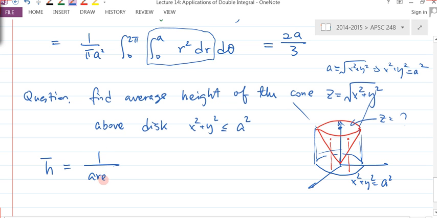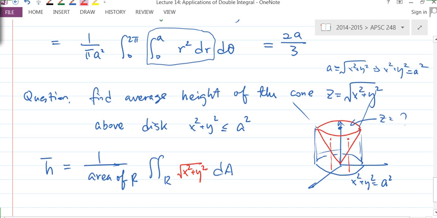It's one over the area of R times the double integral. So what would the function be? What am I integrating? The function is the height, which is this guy here. That's the height.